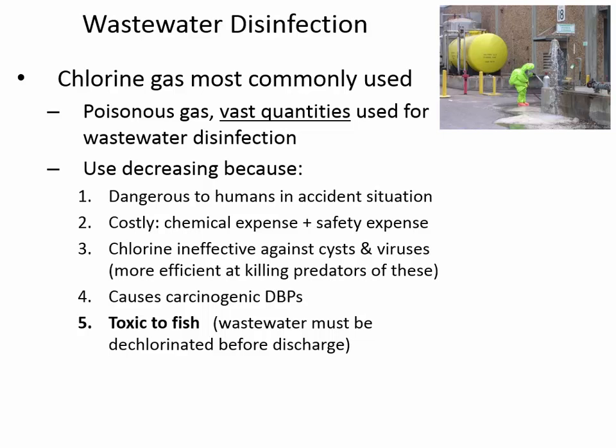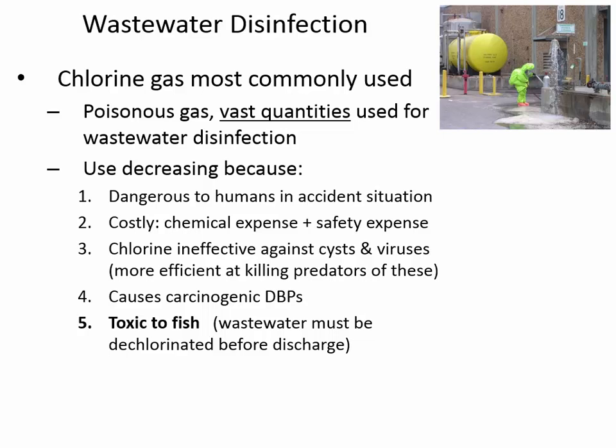Chlorine is usually delivered in 1-ton cylinders, and so 1,000 kilograms of chlorine, if it breaks open, could expose several kilometers radius worth of people to really harmful conditions, and there would have to be an evacuation plan in place anytime chlorine gas is used.